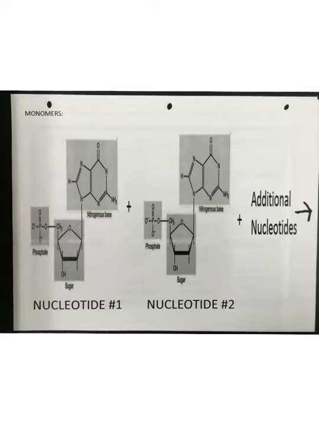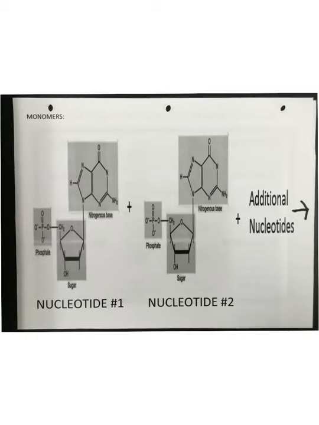And then I have this, plus additional nucleotides. You can have hundreds, if not thousands of nucleotides joined all together to make a DNA or an RNA molecule. And so this is our monomers that go into the chemical reaction. So you're going to want to take a second and pause the film and write this in. It'll take you a moment.